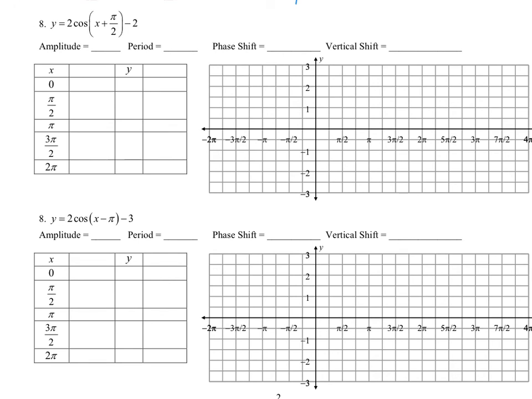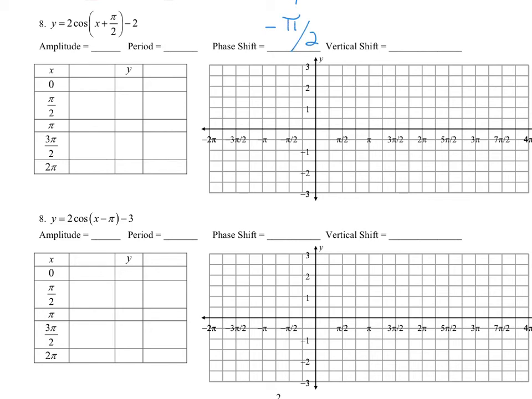And that's it. Now let's take a look at the next graph. The next one is cosine. So we're going to change our angle first. In this case, we have a phase shift. Phase shift means that we have a shift to the left or to the right from our angle. In this case, we have plus pi over 2, which means we have a phase shift of negative pi over 2. Remember, it's always the opposite. Negative pi over 2 is going to be our phase shift.